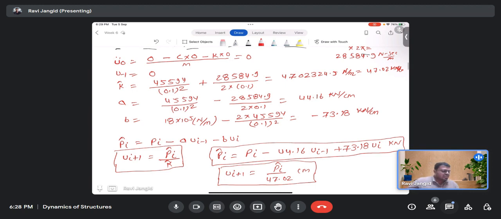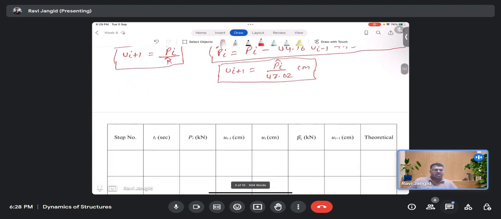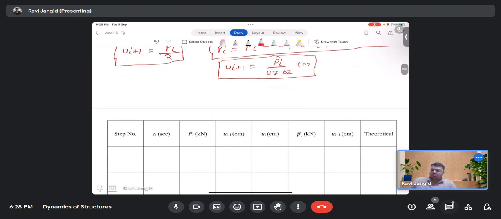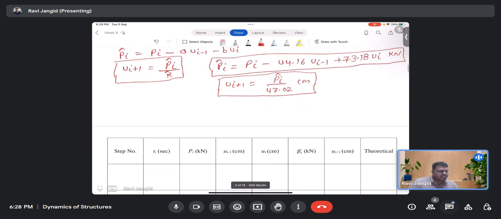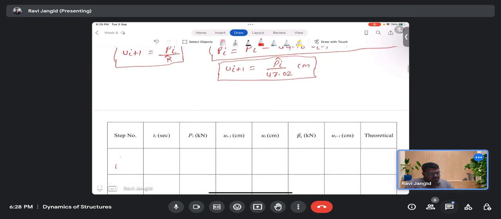Okay, so now let us perform in each step. How can we do that? Let us suppose for i is equal to 0, what is my ti? That would be 0.